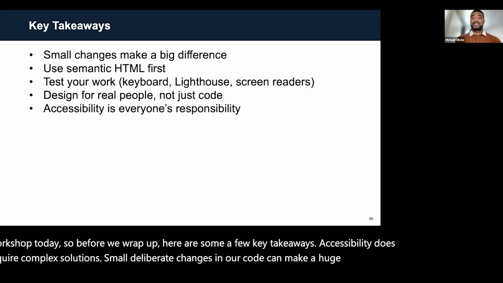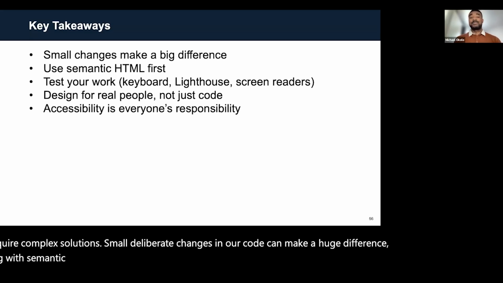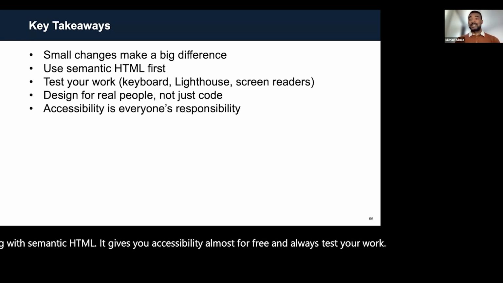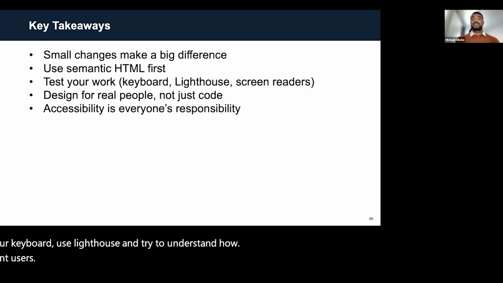Starting with semantic HTML gives you accessibility almost for free. And always test your work. Use your keyboard, use Lighthouse, and try to understand how different users experience your interface. And most importantly, design for real people, not just code.